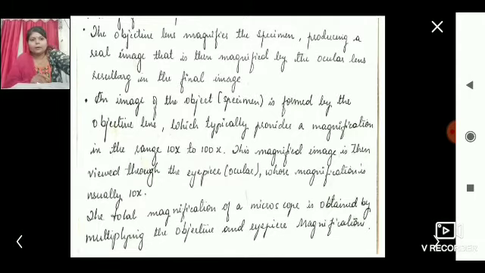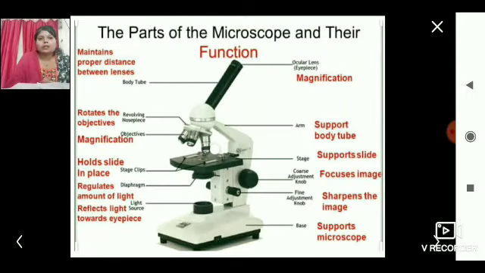Clear now? Okay. So these are the parts of the microscope. Let us go on with the functions also. The eyepiece, what I discussed right now, is the ocular lens, the region where we see, which helps with the magnification of the image.